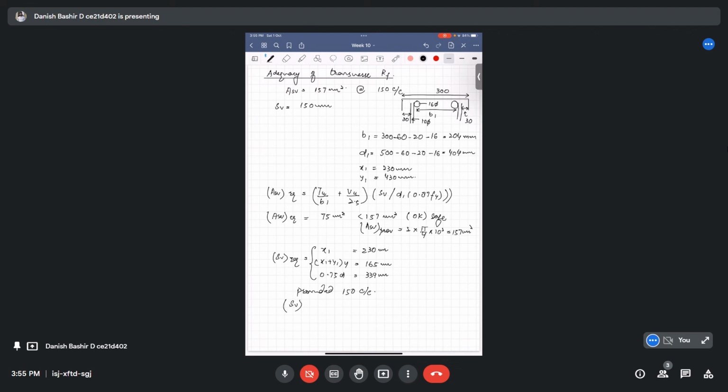So Sv provided is less than Sv required.